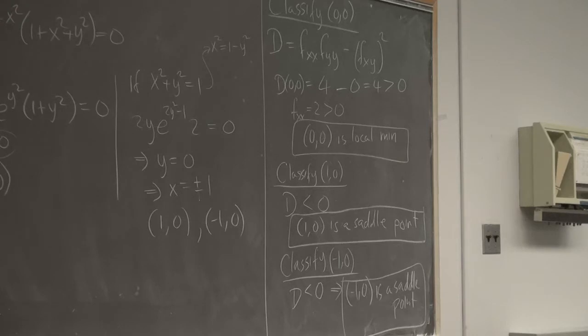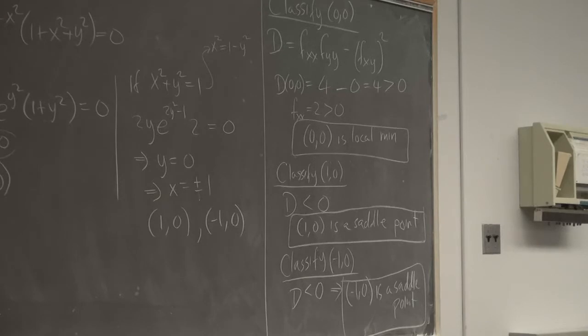The function is x⁴ + y⁴ − 4xy + 2. They just said f(x, y) is this.